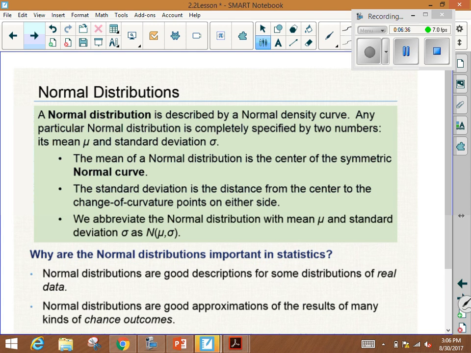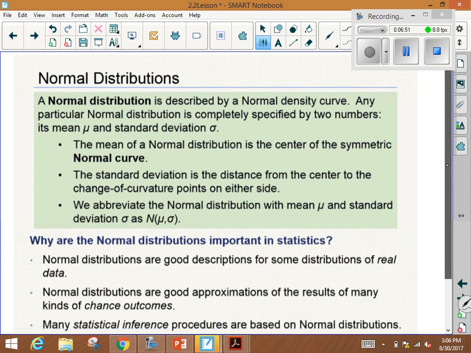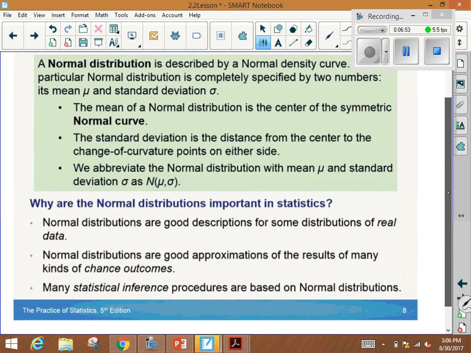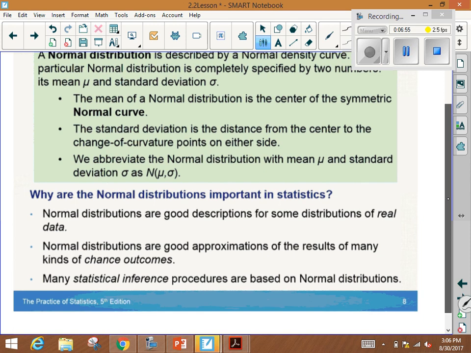We've already talked about that, right? We've talked about the mean of a normal distribution being the center, because it is a density curve. And we're going to look at the second bullet.